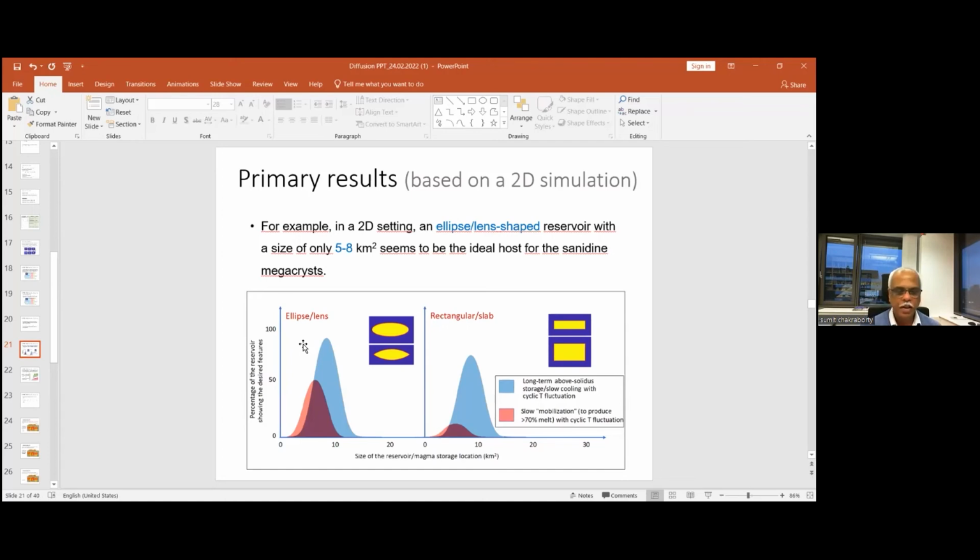Yeah, I just had a difficult time imagining that it seems like the blue is almost 100% of the reservoir shows this. And there should be, I guess, a gradient that is always from below, because the heat comes only from below. But I guess it's fine.